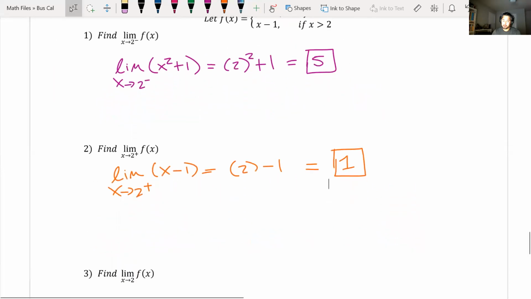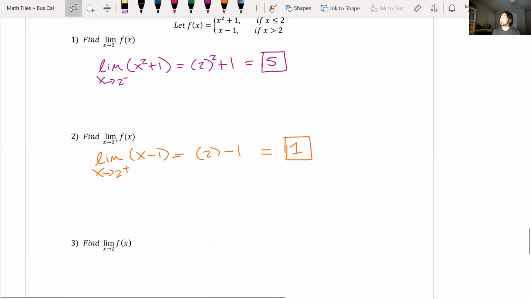And now the next question is just based on the definition of a limit. Number 3 says, what is the limit from both sides at 2? So what is my left-hand limit here? It's 5. What is my right-hand limit? It's 1. Are those equal?